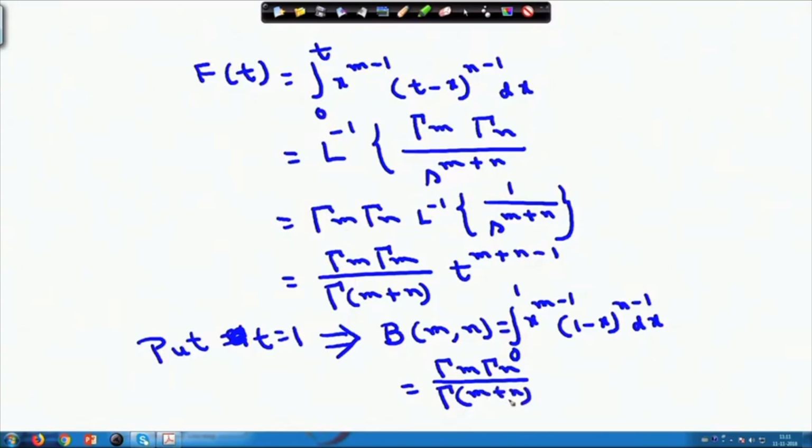So, please see this one, that once I am putting t equals 1 over here, I am obtaining this value, that is gamma m gamma n by gamma m plus n.